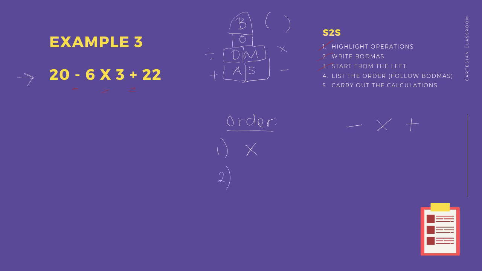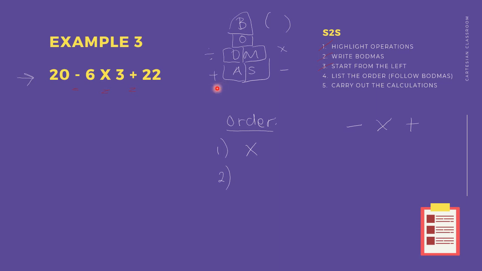The next thing we're going to do, this is where starting from the left is important. Okay? Look at your arrow. Our arrow starts from the left. It says 20 minus 6. So minus occurs first, then plus.